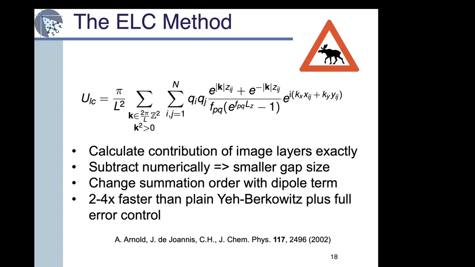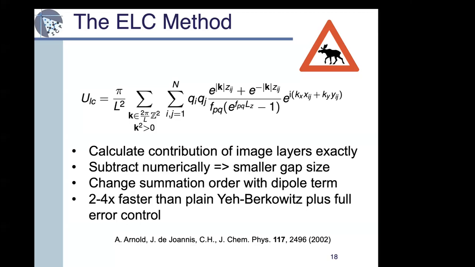And this is an exact term, but as always in Coulomb sums, if you make it exact, it is an infinite amount of work. So again there are convergent sums, which you can cut off at a certain point in order to have a certain error. This is also all under error control. So we have formulas by which we can say you have to cut off here, and then this and this error remains.